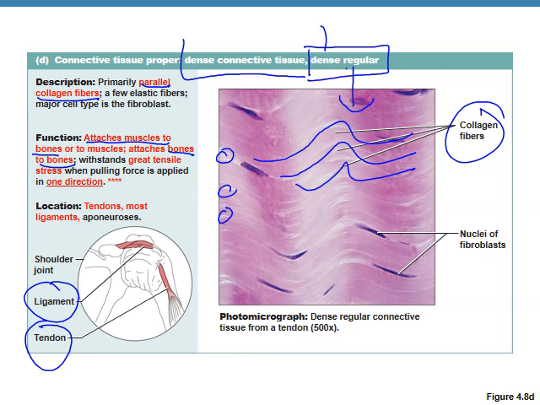So come down here to ligaments and tendons. Remember, ligaments are bone-to-bone attachment, and tendons are muscle-to-bone attachment. So this ligament right here moves in one direction. It can pull out, and then it can push back in. So you're going to find these in tendons and ligaments. The pulling force is applied in one direction.